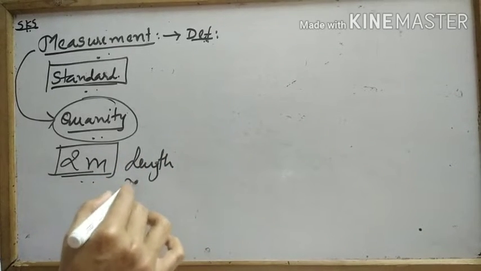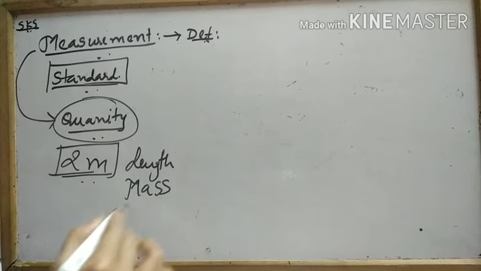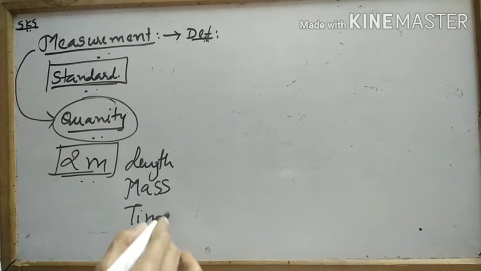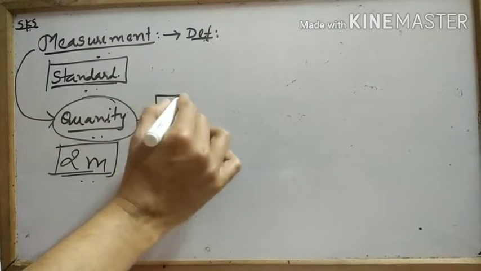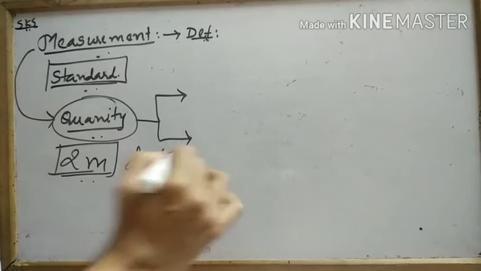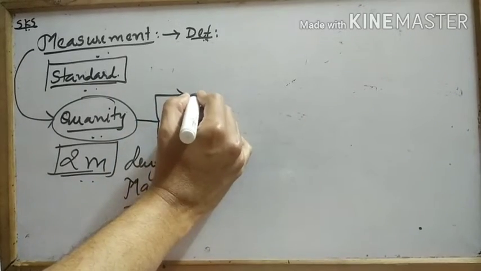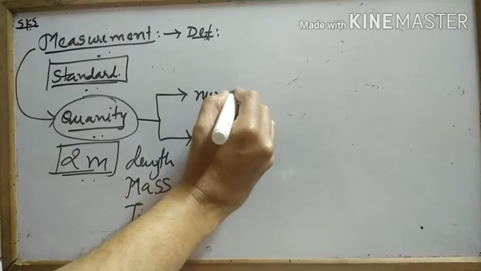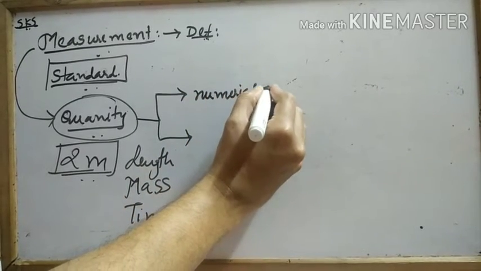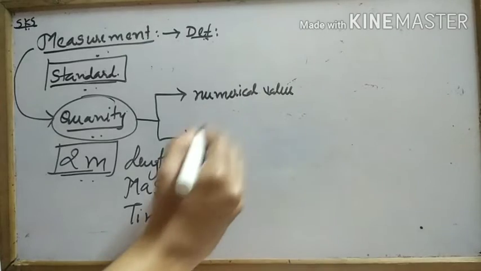Likewise, you know mass, you know time. Likewise, you can list down so many quantities. Every quantity, when you measure, has two components. One, its quantity means its numerical value, and its unit.